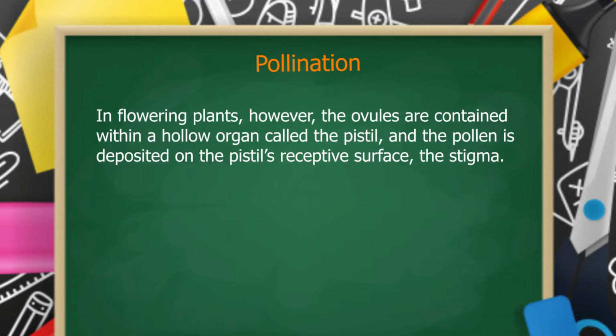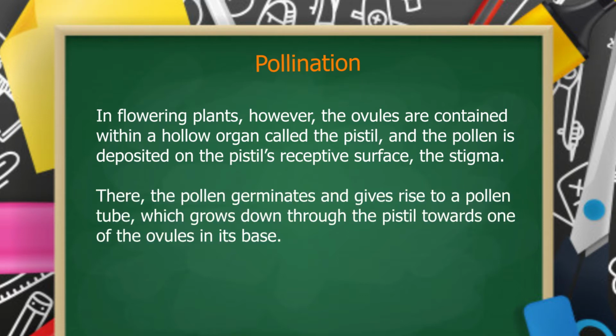In flowering plants, however, the ovules are contained within a hollow organ called a pistil, and the pollen is deposited on the pistil's receptive surface, which is the stigma.